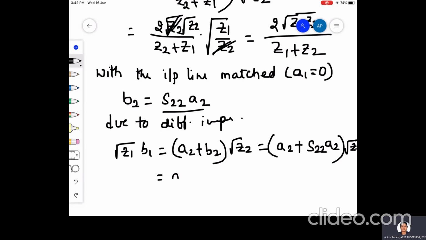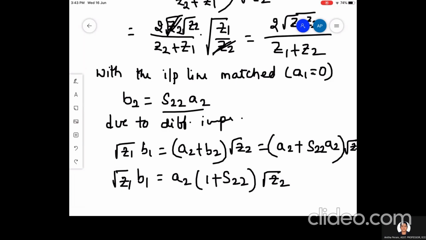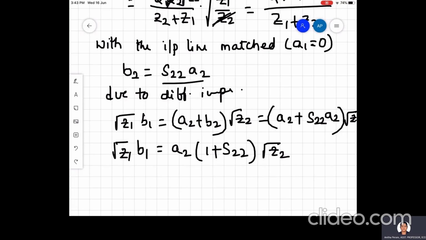So now in this equation you take common again A2. If I consider A2 as common, this gives you 1 plus S22 into square root of Z2. On this side you have square root of Z1 B1. Now you can find out the B1 to A2 ratio, which is nothing but S12.